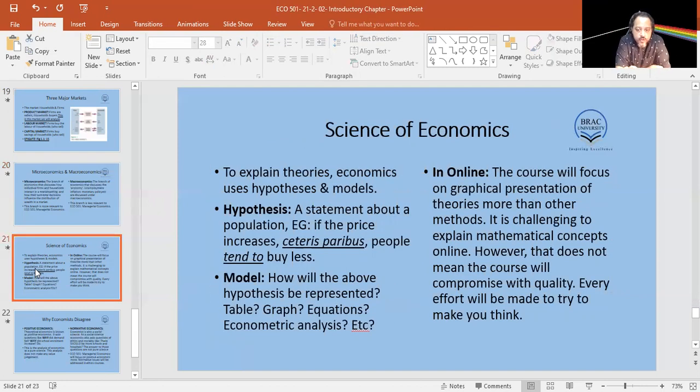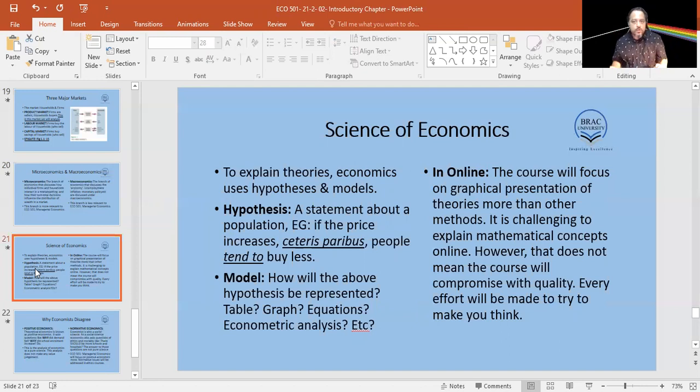To explain theories, economics relies heavily on hypotheses and models. If you've done a basic statistics course, which you probably have or will be doing this semester alongside Eco 501, you will come across the concept of hypotheses.